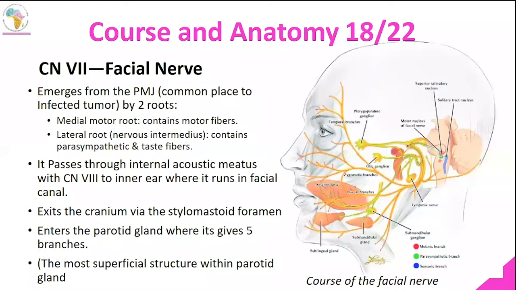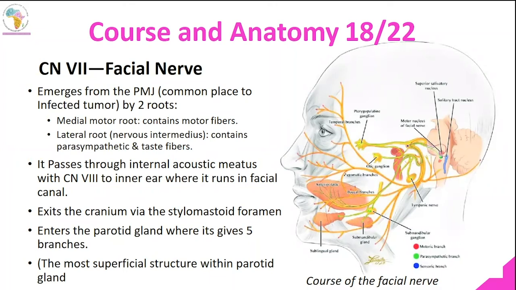As it is emerging at the pontomedullary junction, there's a medial route as well as a lateral route, with the medial route containing motor fibers that are responsible for innervating the muscles of facial expression, and the lateral route, which is responsible for parasympathetic supply to most of the glands within the head and the neck, except the parotid gland.